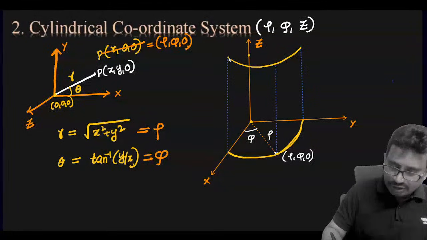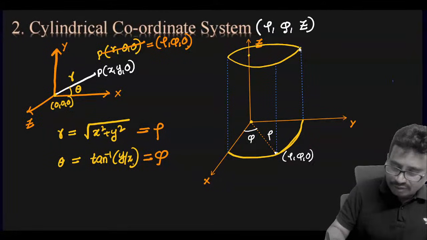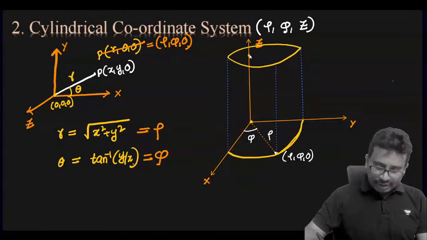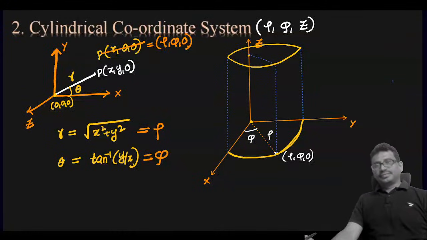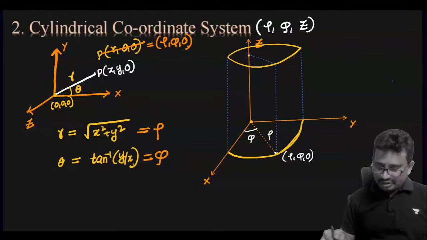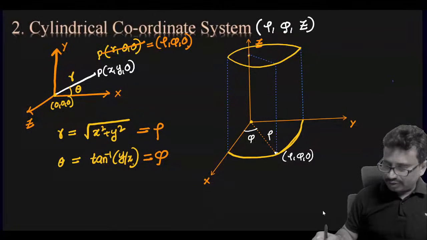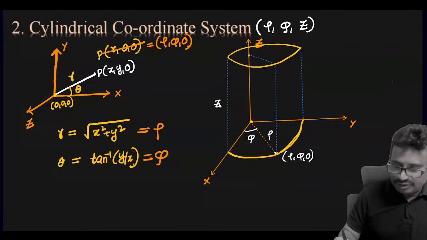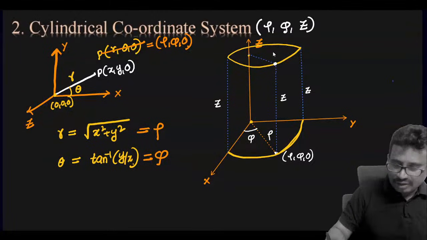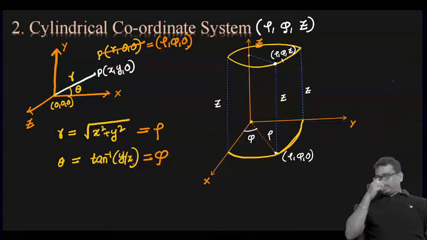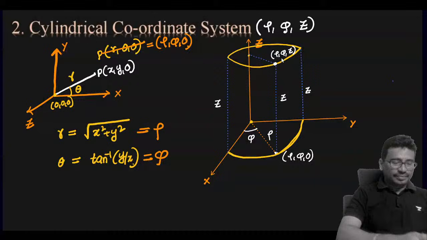Then the shape will come out like this, in the form of a cylinder, since all the points have been moved by a height of Z units. So the coordinates of this point are rho comma phi comma Z.